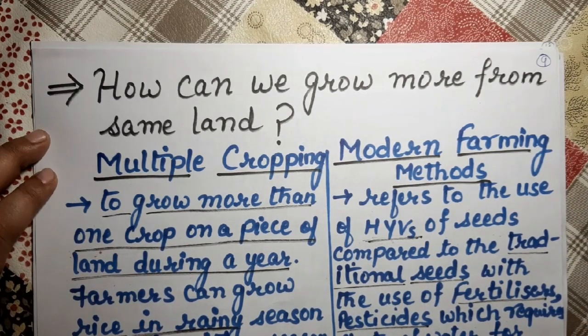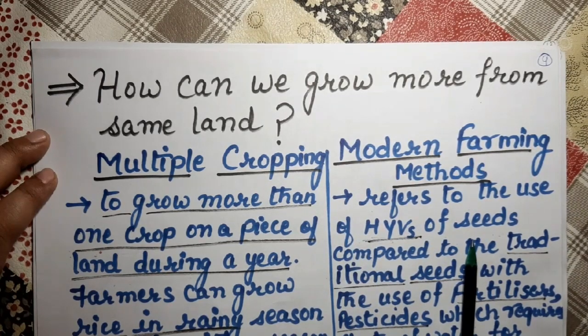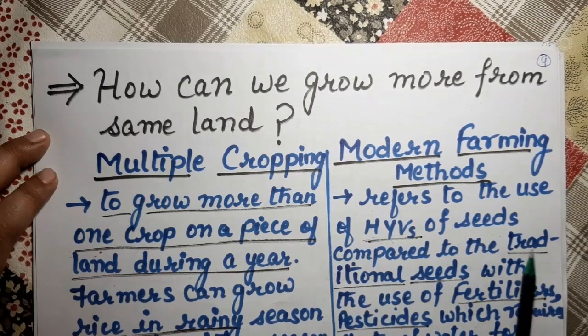Now, modern farming methods. It refers to the use of HYV seeds. HYV seeds means high yielding variety of seeds. Compared to the traditional seeds, these seeds are highly productive in nature. And along with the use of fertilizers, meaning chemical fertilizers, pesticides, insecticides, and all this requires plenty of water for irrigation.